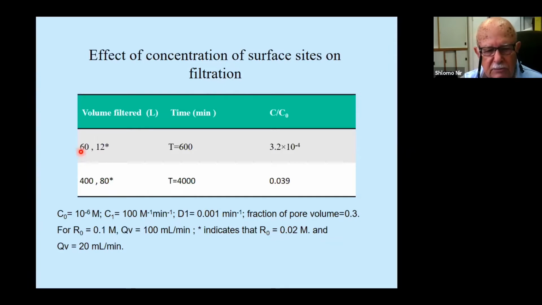The case with more concentrated surface sites can be operated at a larger flow rate, 60 versus 12 in this case, and the results would be the same. So enhancement in concentration of surface sites enables you to increase the velocity and increase the capacity.